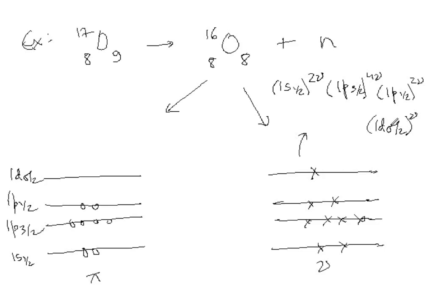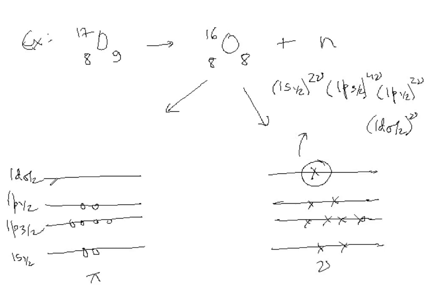So this is the neutron configuration of 17 oxygen, and the unpaired one is this one. And where is this? In d5 half.